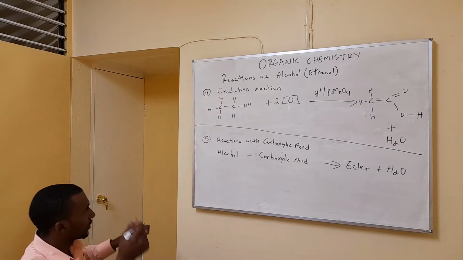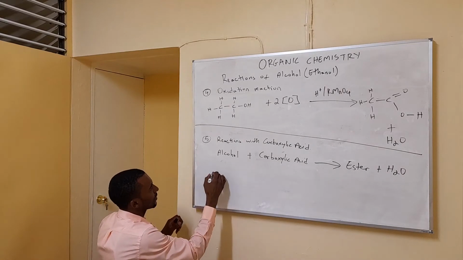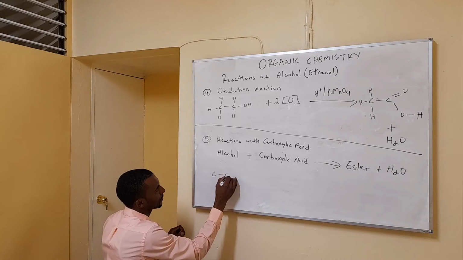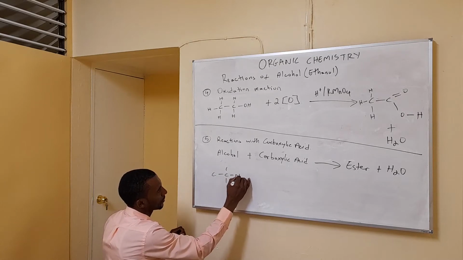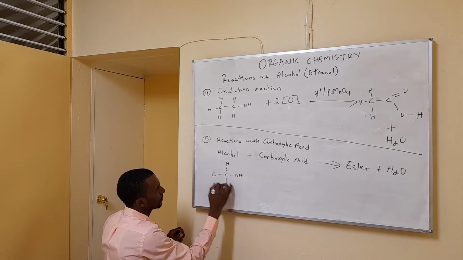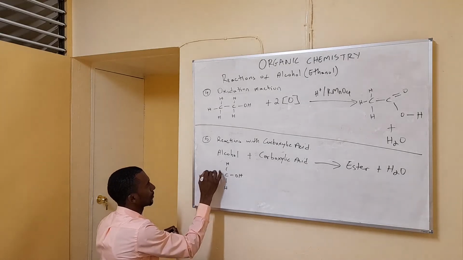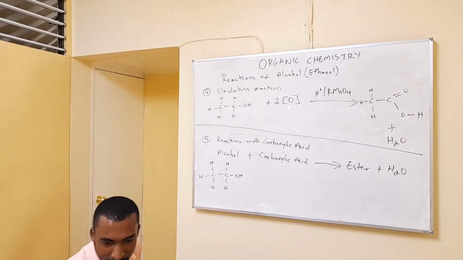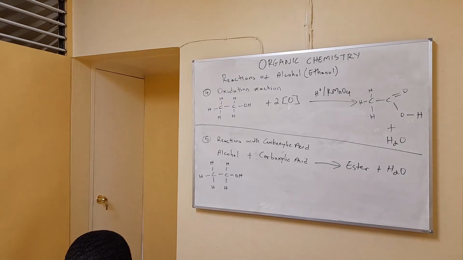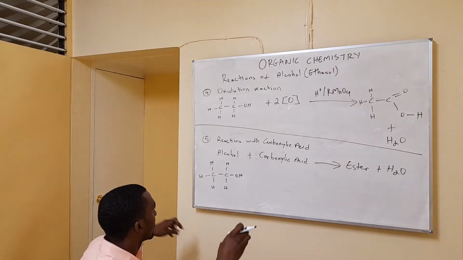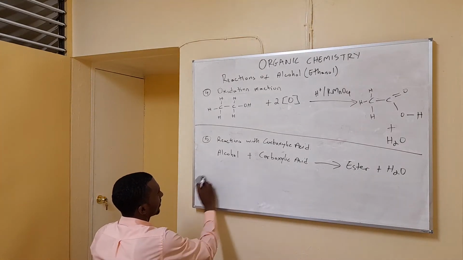Alright. The example that they want here is ethanol. When they're writing it, they put the carboxylic acid first, alright? So let's keep it consistent, it might be an issue.